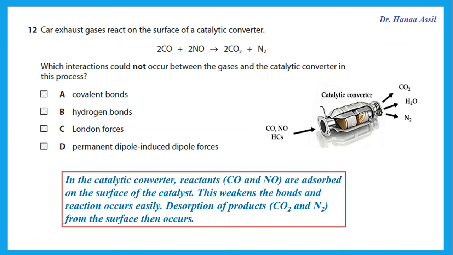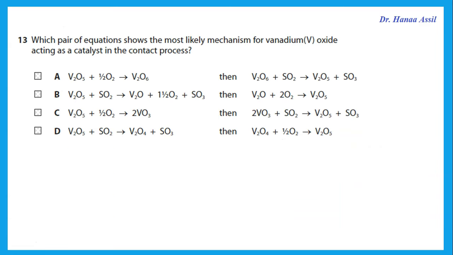You should remember that the reactants are adsorbed on the surface of the catalyst. This weakens the bonds. Reaction occurs, and then desorption of products from the surface occurs. So what we do not have is hydrogen bonds happening between the gases and the converter. We don't even have hydrogens bonded to electronegative elements.